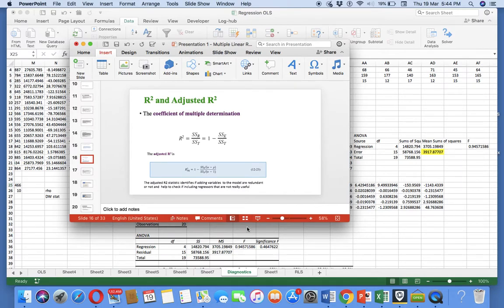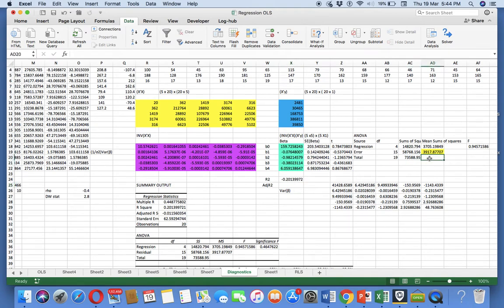So we haven't got the total sums of squares, so we'll get the total mean sums of squares. So the R bar squared may not be a great example, but the R bar squared is obtained as the mean sums of squares due to error divided by mean sums of squares due to total. So you get this.